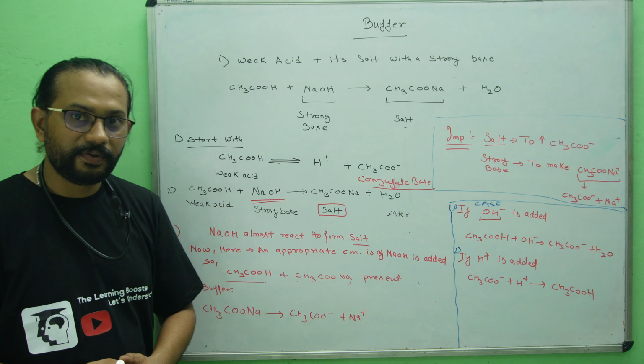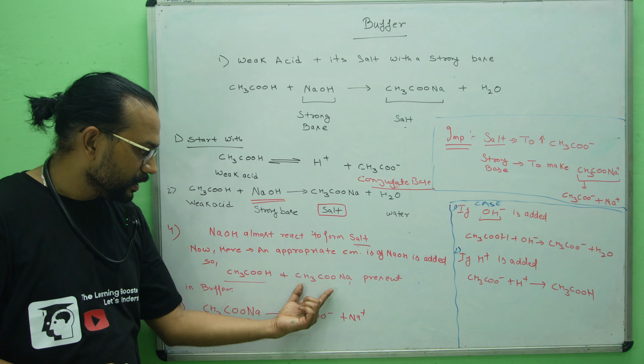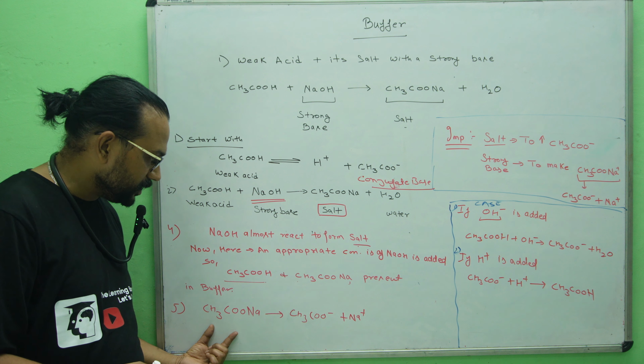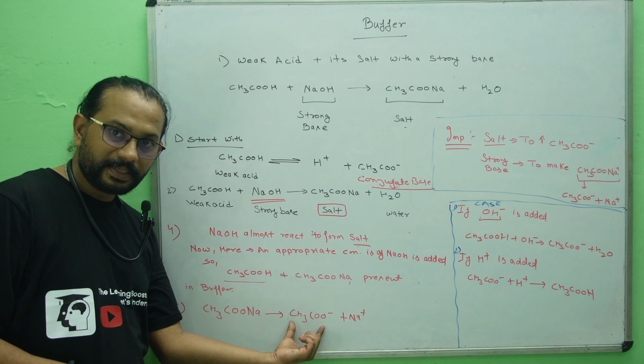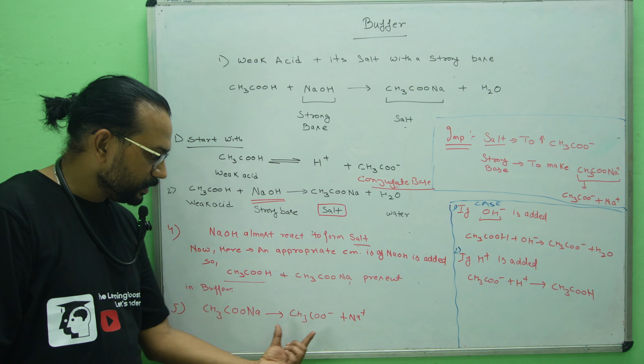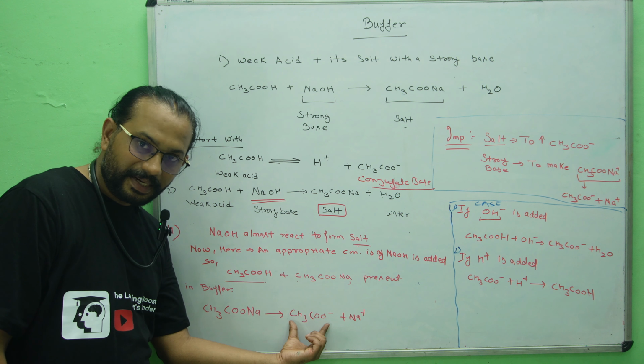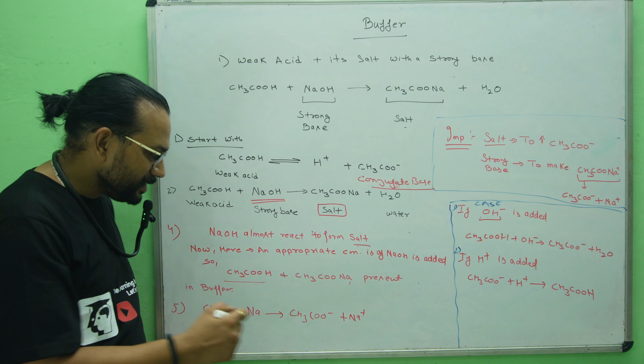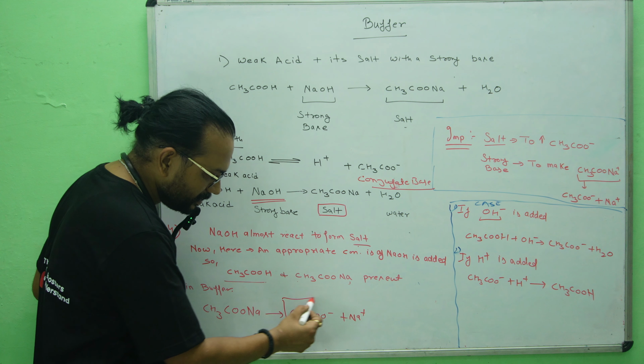Why do we say this? Because this salt, sodium acetate, dissociates into acetate ion plus sodium ion. So what is required in high concentration is CH3COO−, which earlier had a low concentration. The concentration can be increased by utilizing this reaction.